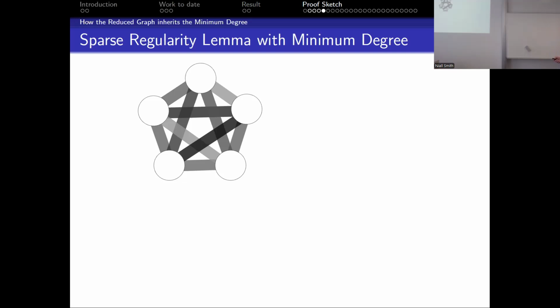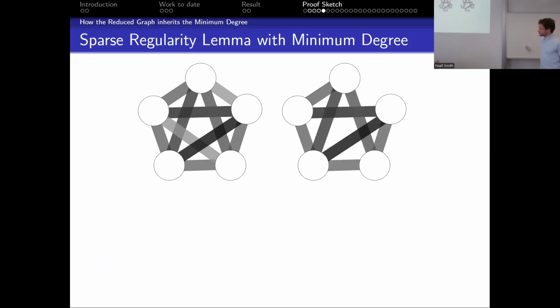The sparse regularity lemma, which I just showed, says essentially the same thing for sparse graphs. I've colored these edges so that the lighter they are, the fewer edges are between them.